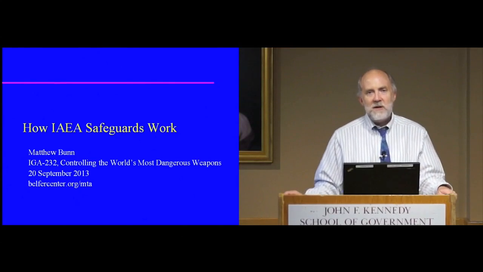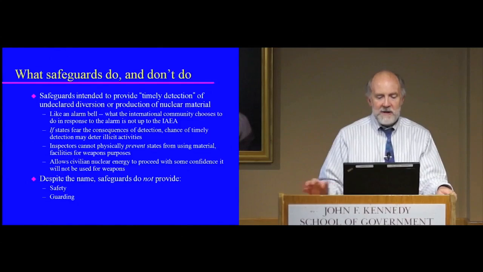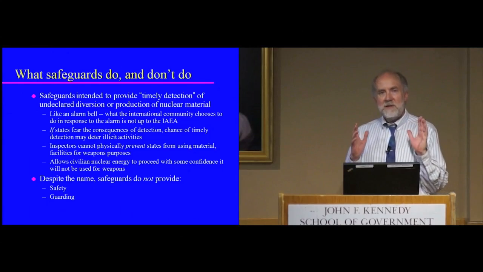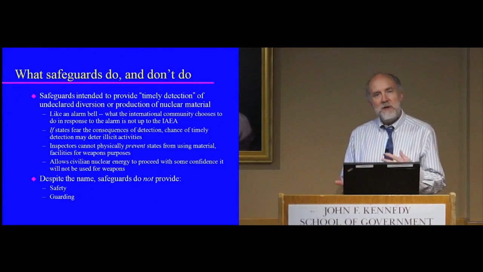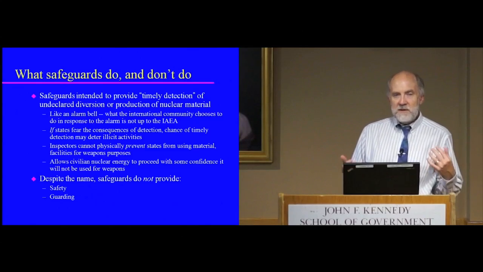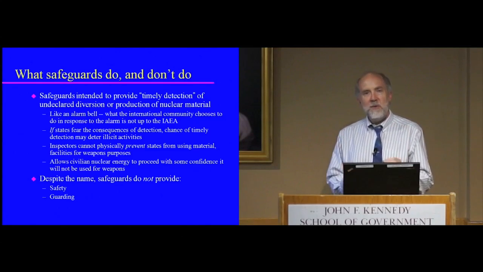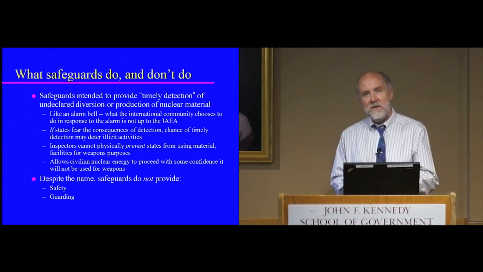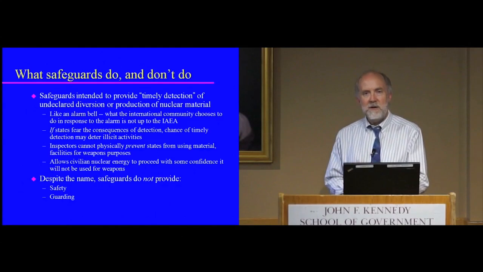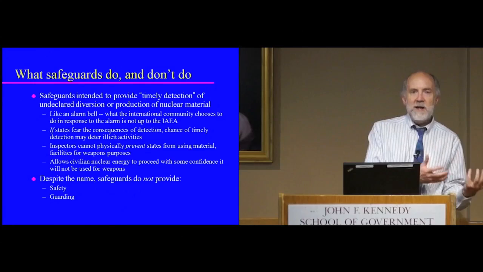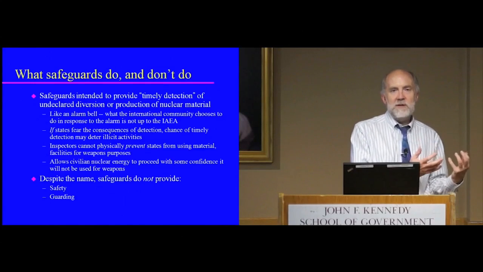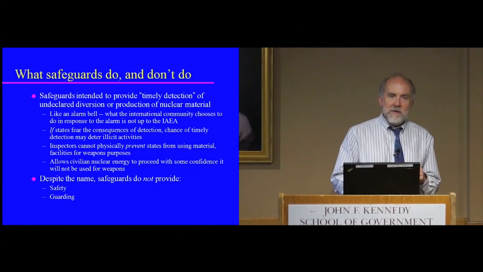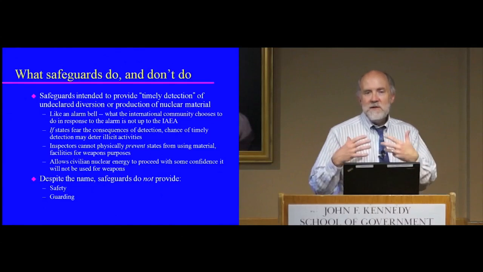Okay, so let's talk a little bit about how IAEA safeguards work. First of all, let's get some expectations clear about what they do and what they don't do. Safeguards are intended to provide what they call timely detection of undeclared diversion or production of nuclear material. So if a country is trying to get some potential nuclear bomb material in secret, safeguards are supposed to notice that. But the IAEA isn't an army.